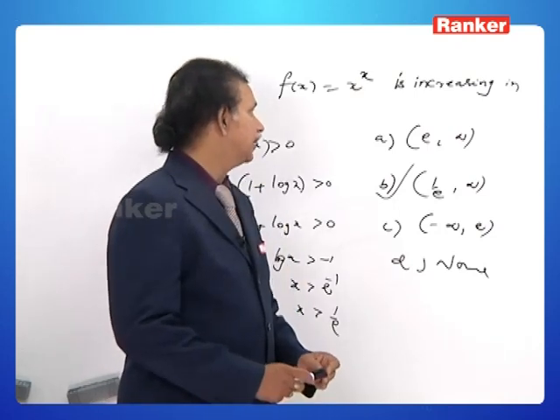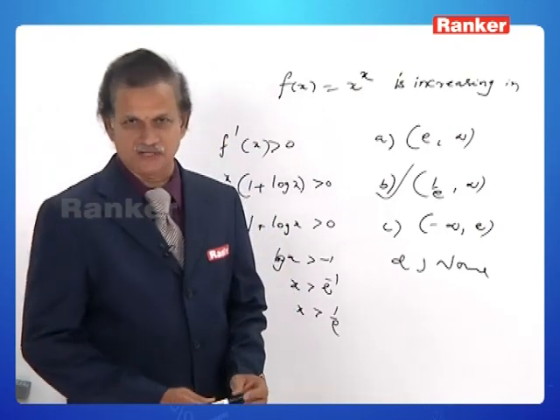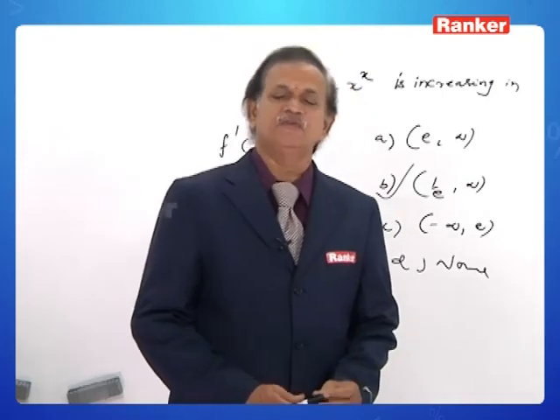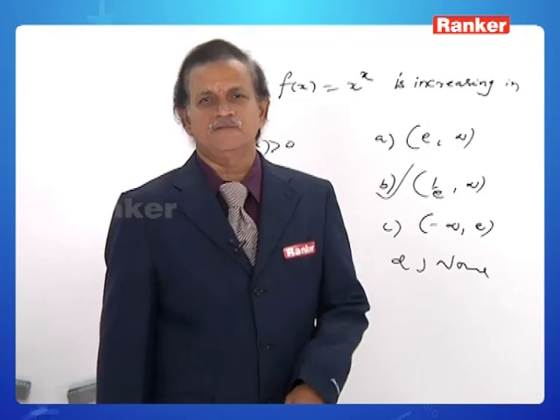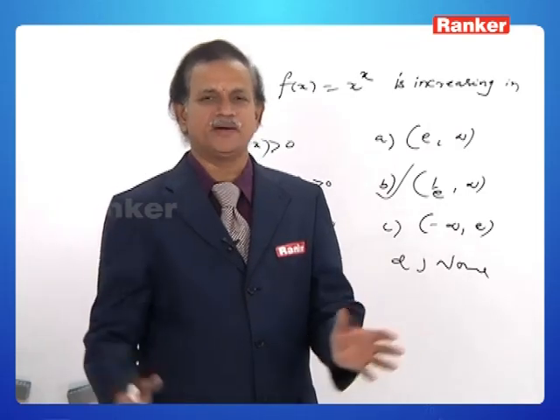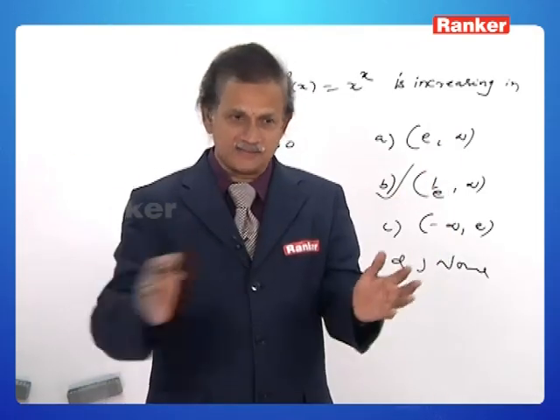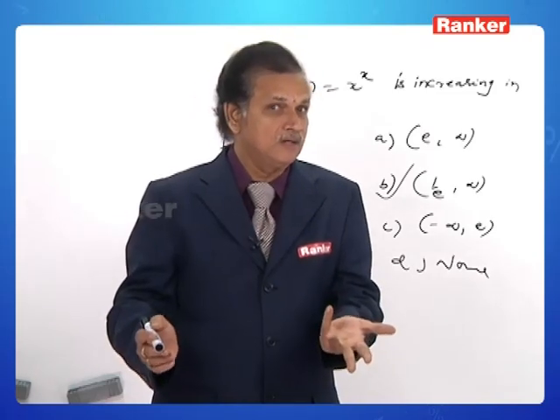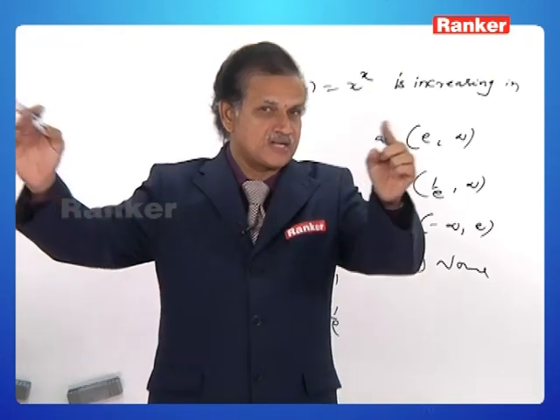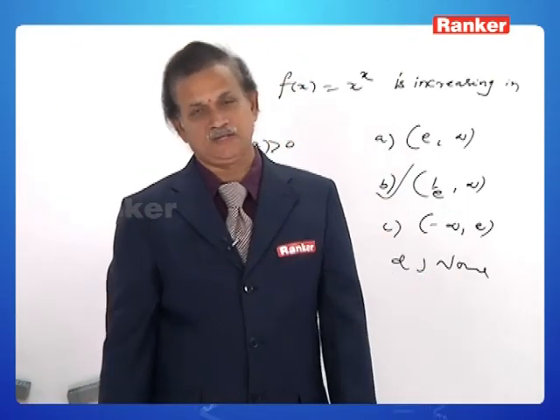So simply by observing the nature of the first derivative, that is f dash x, we decide whether it is positive or negative or non-monotonic. If you are not able to decide in a particular interval, sometimes it is positive, sometimes it is negative, if such a thing happens, we do not say that the function is monotonic in that interval.